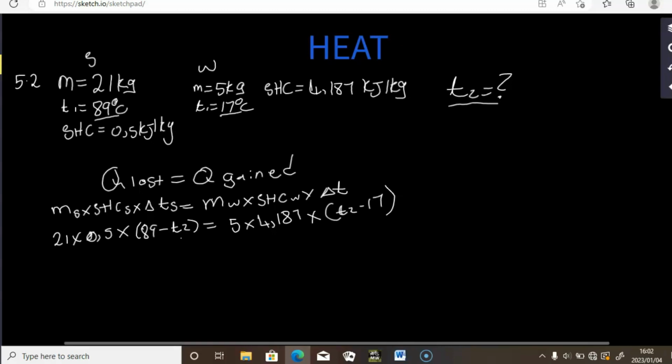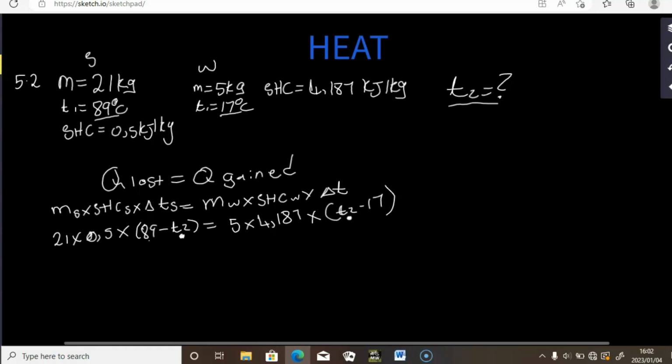Now, we are looking for this. We have T2 on both sides of the equal sign. So our job now is to get these two on the same side of the equal sign and then take it as a common factor and make it the subject of the formula.